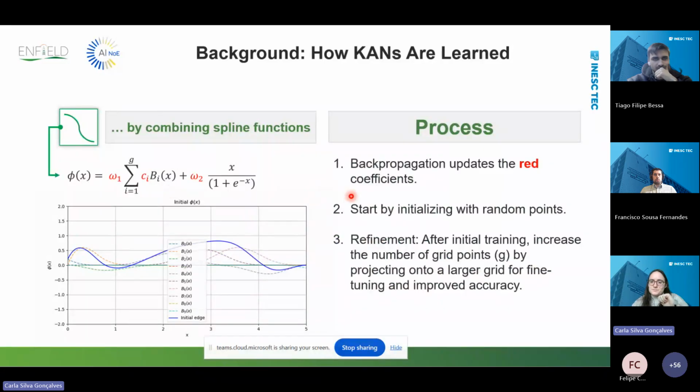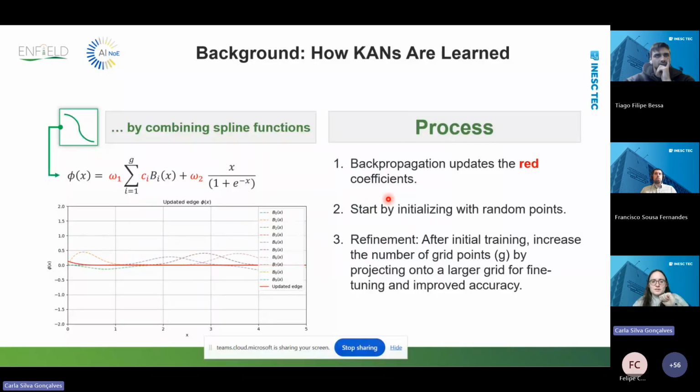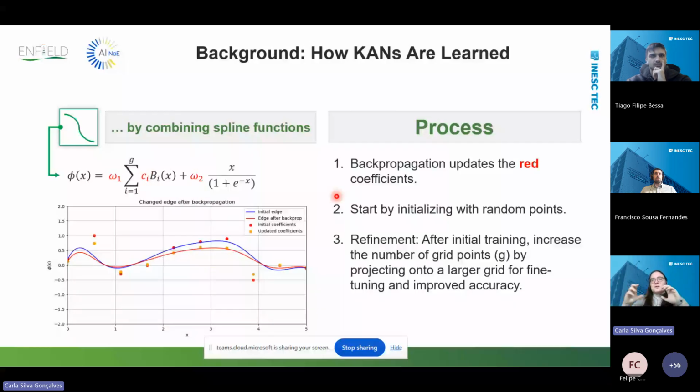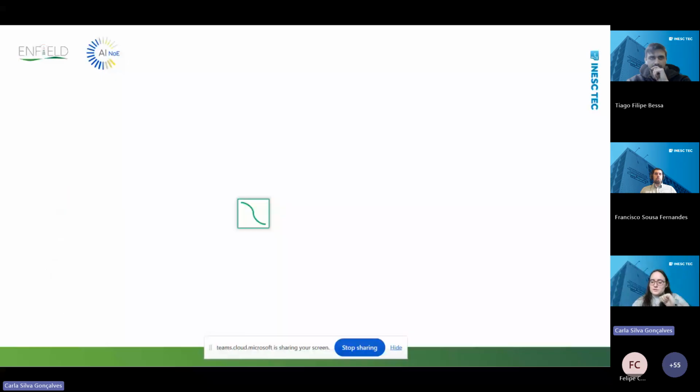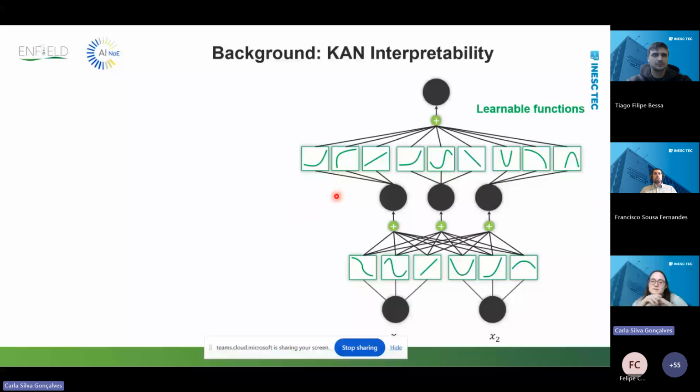This is done as we do in multi-layer perceptron with backpropagation. We start with a random initialization of the weights, and then we update them. And we also update the size of our splines, the order of our splines. So this is, in a very brief way, what KANs are.